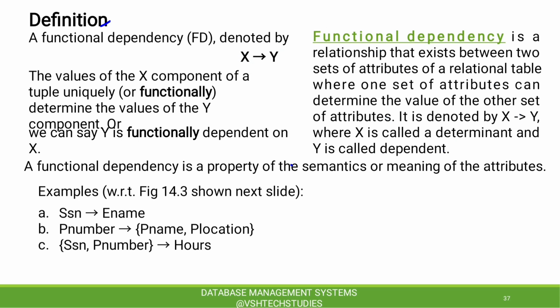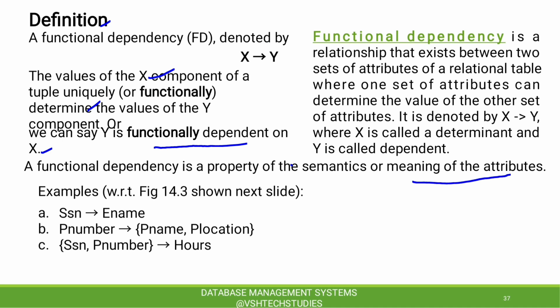The values of the X component of a tuple uniquely or functionally determine the values of the Y component, or we can say Y is functionally dependent on X. A functional dependency is a property of the semantics or meaning of the attributes.